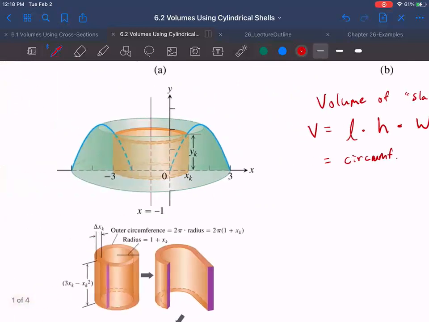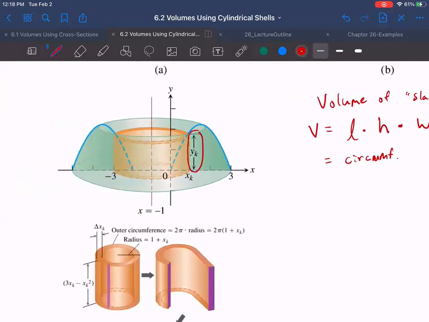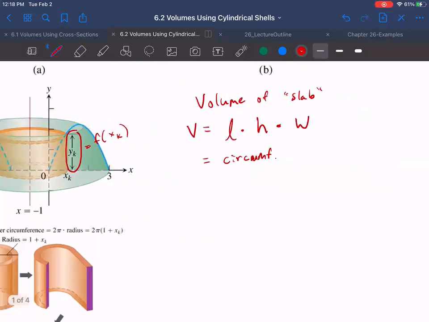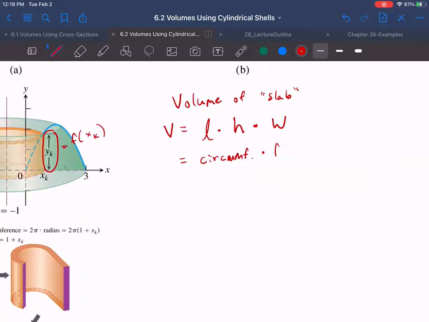Because when we look in here, the height here is y, which is just whatever f of x happens to be, f of x sub k, or whatever x value we've chosen there. That's going to be the height of it. So this is times our specific f of x. That's our y value, right? Our height at that point.